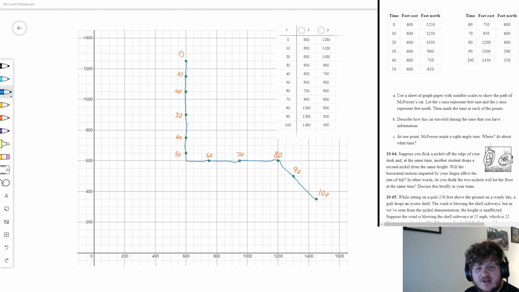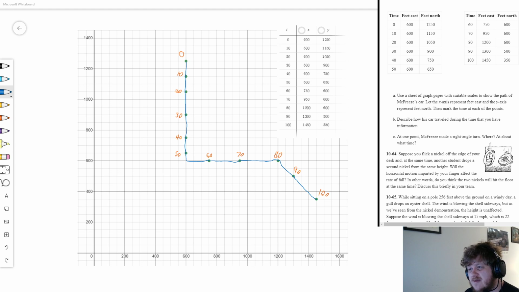Later on, it says, at one point in time, McFreeze made a right-angle turn. Where and about what time? Well, if we look over here, it's kind of obvious that he likely made a right-angle turn. It's not 100% guaranteed, but I would assume that in a city there's probably going to be a lot of right turns available, or square turns.